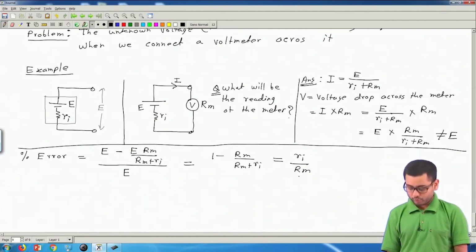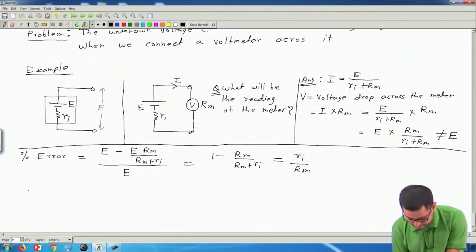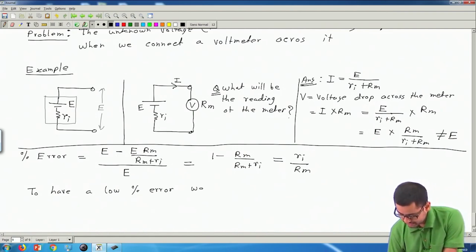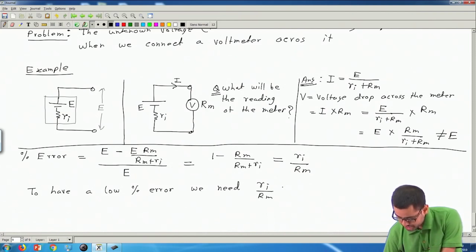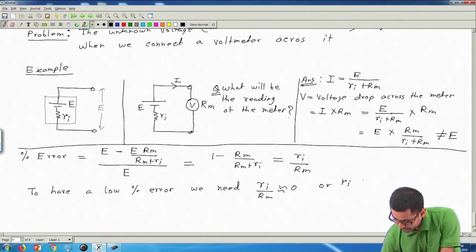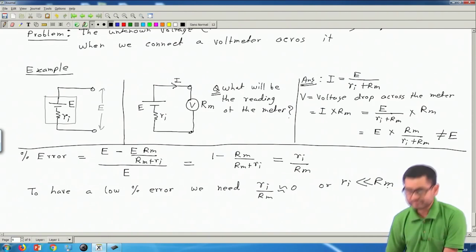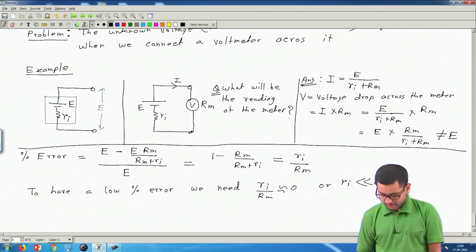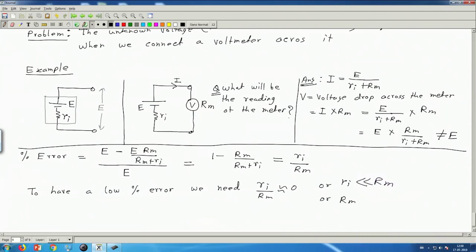When will this value be low? To have a low percentage error, we need Ri by Rm close to 0, or Ri much less than Rm, or Rm much greater than Ri.